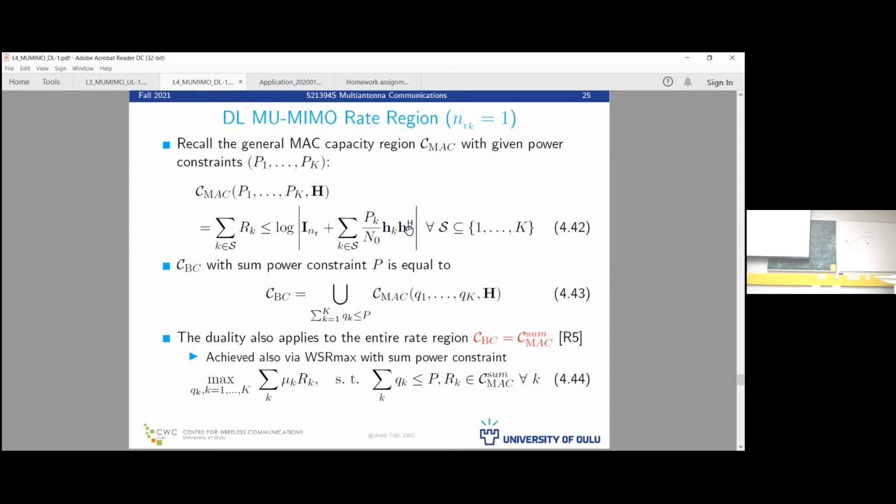When you plot that, that's actually the capacity region for the downlink with some power constraint, right? So that's the side product of your uplink homework. Now you also have an algorithm to find the downlink broadcast capacity region, just replacing the individual power constraints with total power constraints.